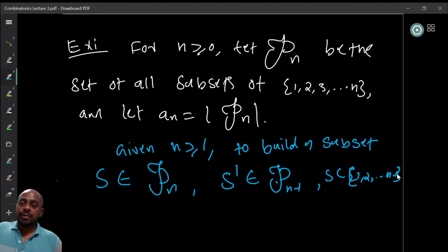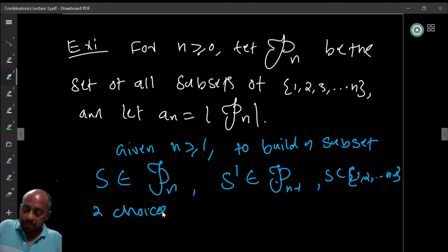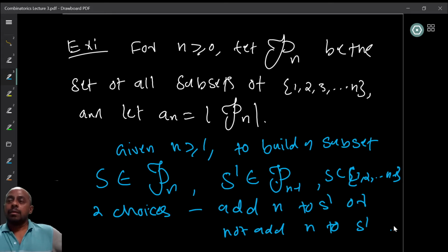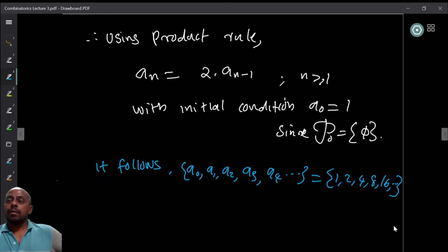So I will get all possible subsets this way. Either add n to S dash or not add n to S dash.